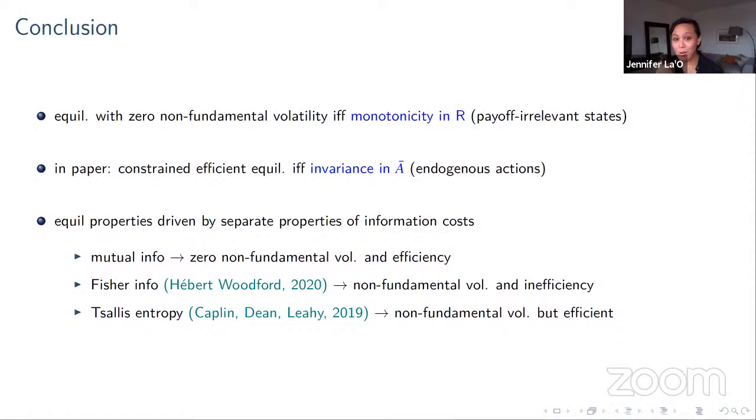Suppose you can somehow use monetary policy to implement the constrained efficient equilibrium. Then releasing more information should be a good thing. It should be welfare improving, because policy has implemented constrained efficiency.